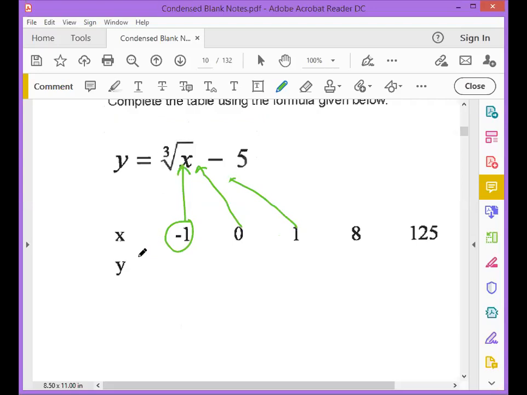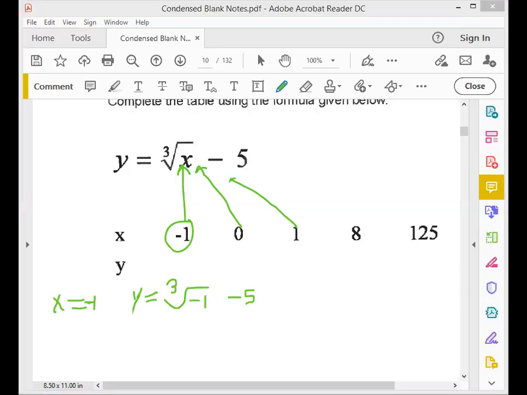So let's look at the first one. When x is -1, what happens? We get y equals the cubed root of x, but x is -1, so the cubed root of -1 minus 5. The cubed root of -1, what's that value?